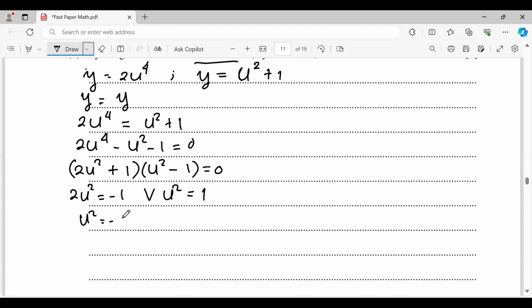U squared equals minus half means there is no solution, because the square root of u would be an imaginary number. So for this one, u equals square root of 1. U equals positive or negative 1.